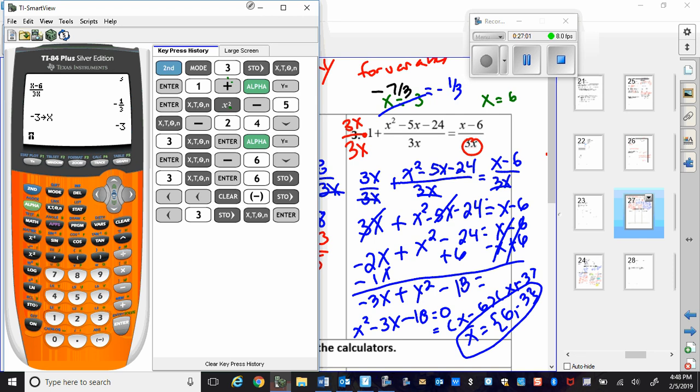And then I put my first equation back up, the left-hand side of that, which is 1 plus x squared minus 5x minus 24 divided by 3x. Enter. And that equals 1 on the left, right?